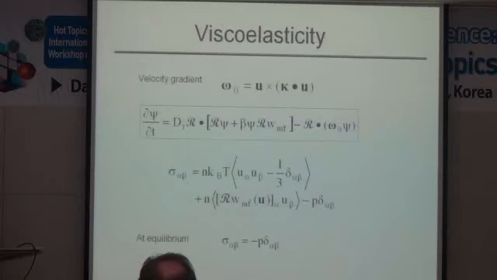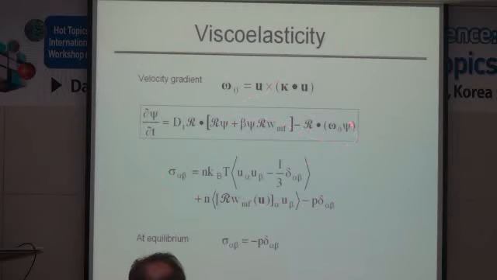Given the Lagrangian, it's easy to derive an expression for the stress tensor. Just take a partial derivative of the Lagrangian with respect to the velocity gradient tensor kappa, and then you have this expression for the stress tensor.